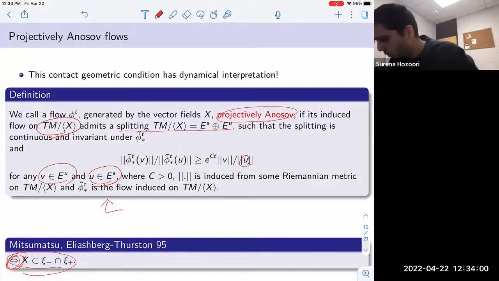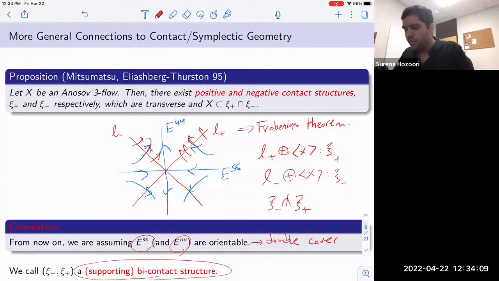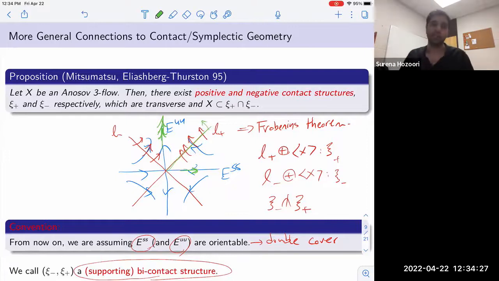And just to have an intuition of why this is equivalent to this picture of having a bicontact structure, you should just notice that the ratio of this expansion, if you expand more in the EU direction than the ES direction, that's exactly what makes this bisector tilt towards the EU direction, the ratio between these two expansions.